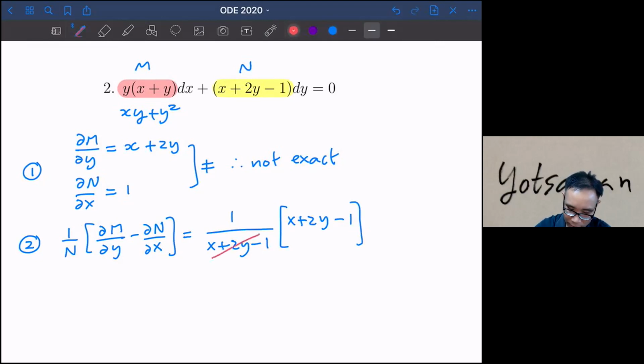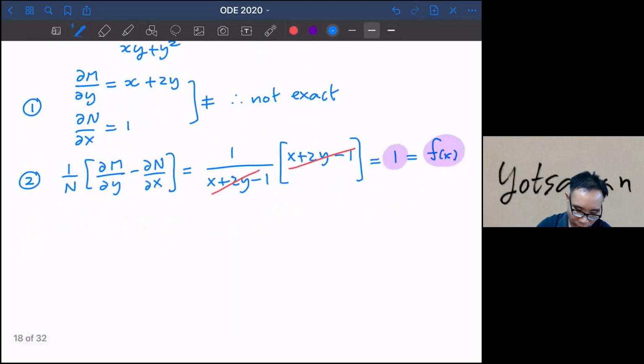So this one disappears, this one turned out to be 1, and this one equals f(x). That's our f(x) that we'll use in the third step.